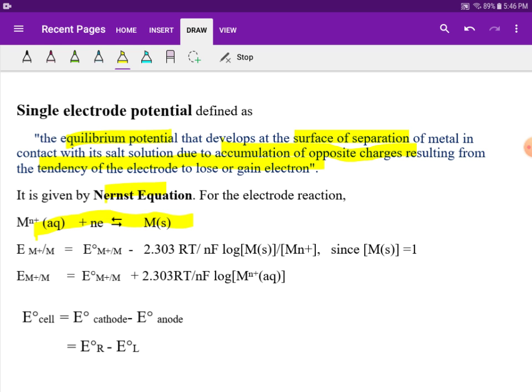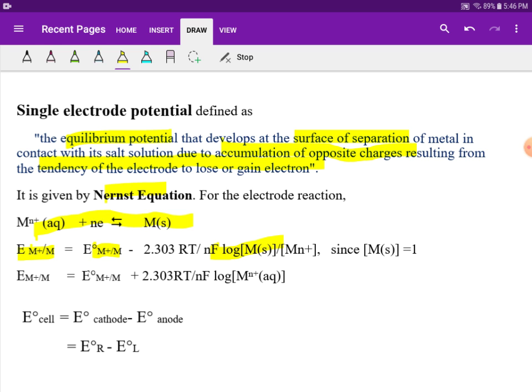Therefore, the single electrode potential E(M^n+(aq)|M) is equal to E0(M^n+(aq)|M), that is the standard single electrode potential, minus 2.303RT/nF log [M solid]/[M^n+(aq)].